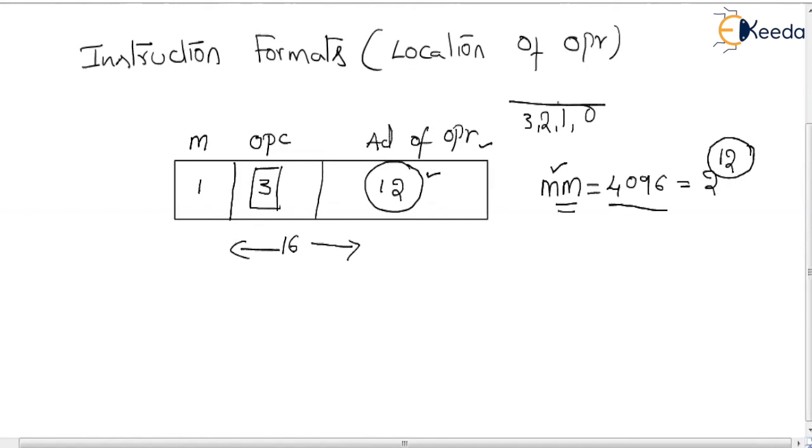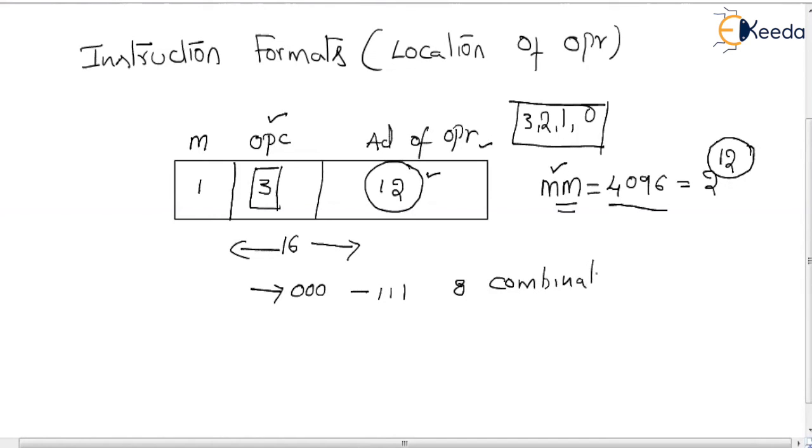Now we need to talk about the opcodes. How many digits are there for opcode? There are 3 digits for opcode, which gives us combinations from 000 to 111. Altogether, there are 8 combinations, right?